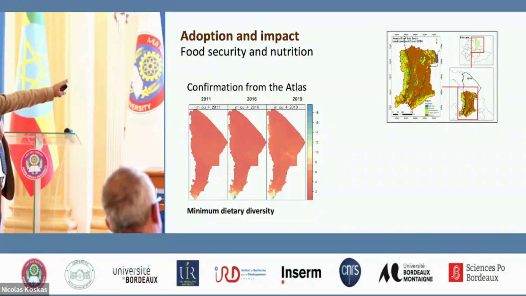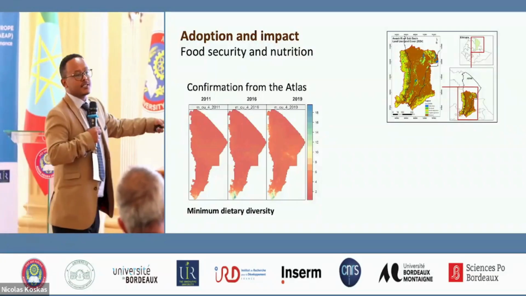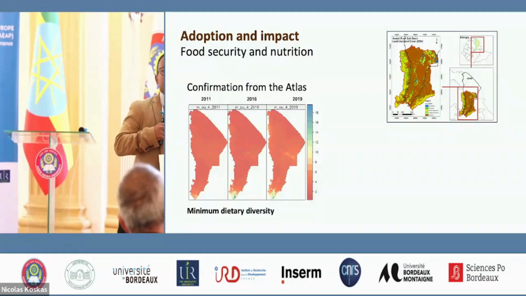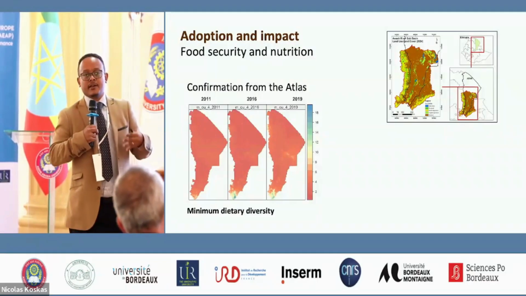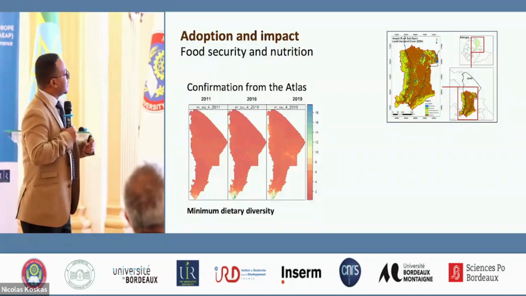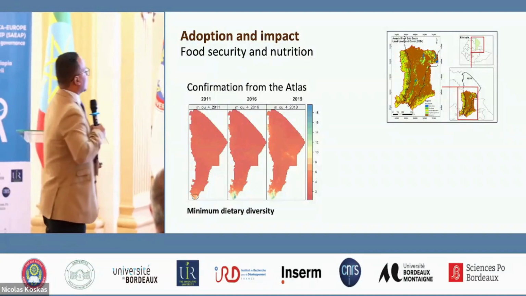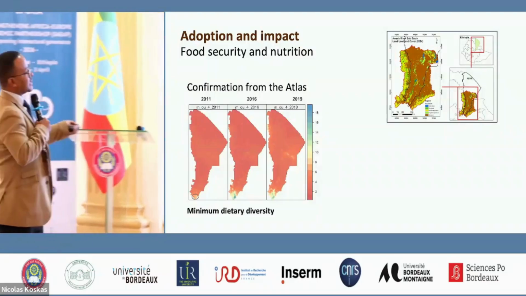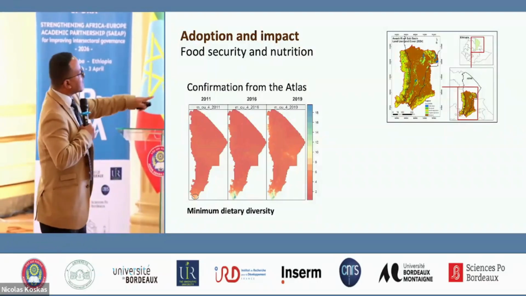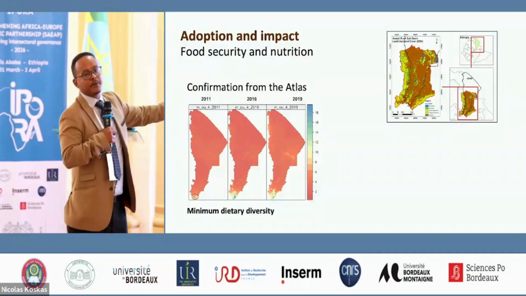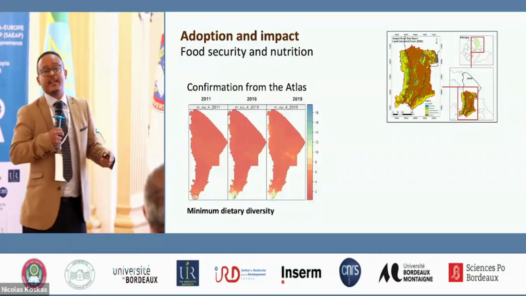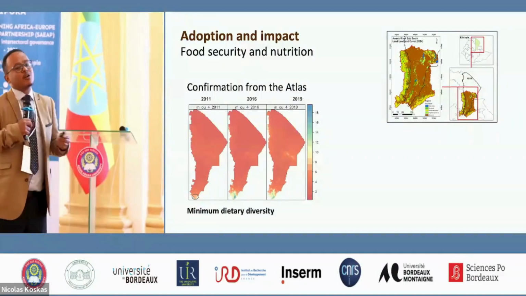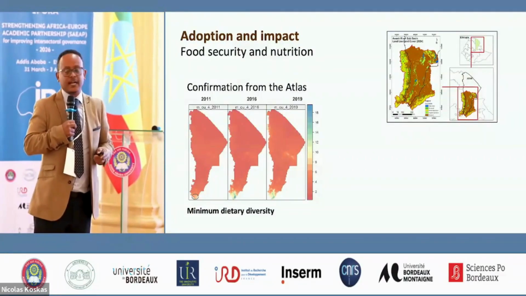And so then we see the minimum dietary diversity that caregivers and health extension workers claimed that there is an improvement. And then what we see is, okay, this is 2011. If you see that circle, that's the area that is a bit lightened up. Otherwise, the rest is pretty red. So a lot of children are not meeting their minimum dietary diversity.